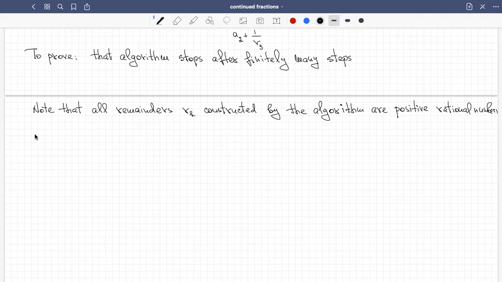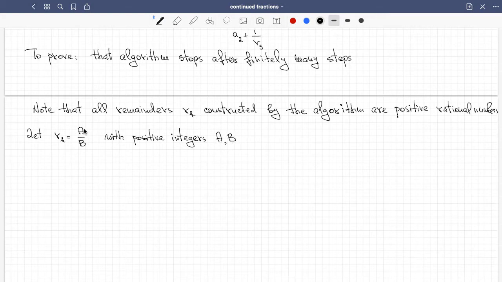So we make now a generic step. So let r_k be a over b with positive integers a and b.